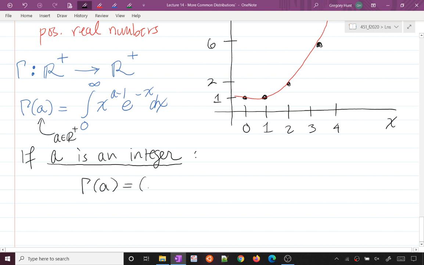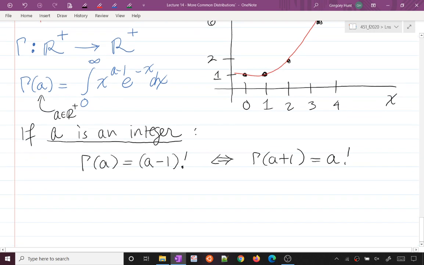It's actually offset by 1. It's a minus 1 factorial. Equivalently, gamma of a plus 1 is a factorial. So it does pass through these factorial numbers, but offset by 1.